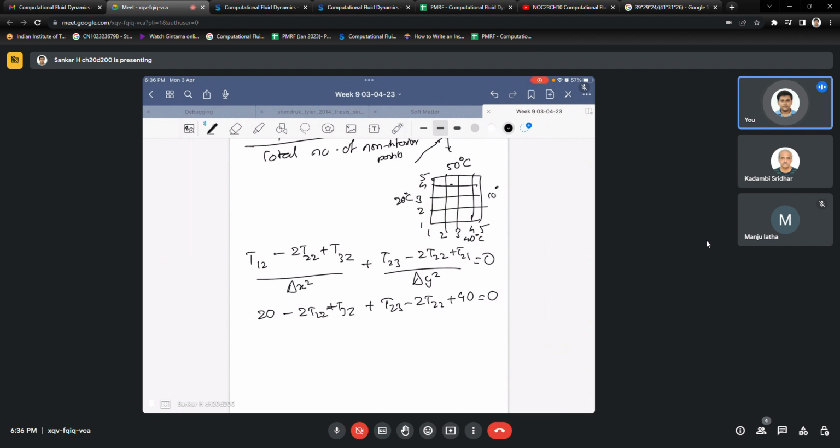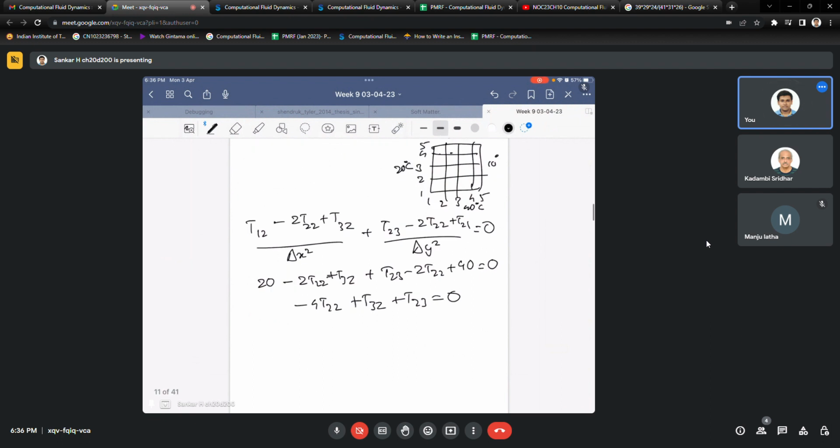When we put this in a matrix form, we'll get minus 4 T22 plus T32 plus T23 equal to 0. And this will be the diagonal element over here.